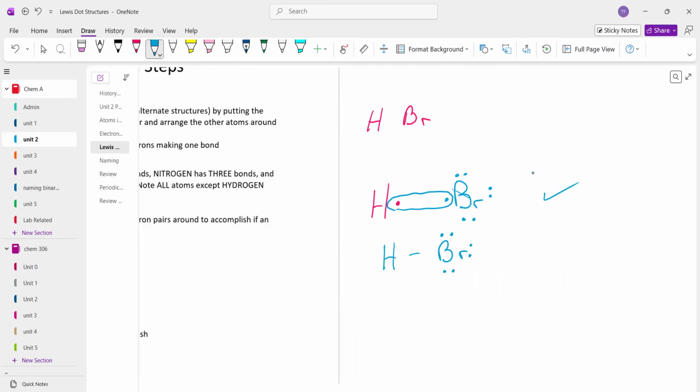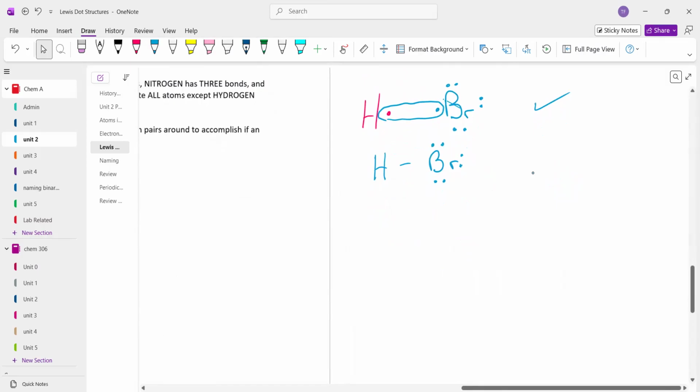Okay, so make sure you include, even though the pairs didn't bond, they have to be there. Okay, that's the first example. It's a Lewis dot structure, and it's legal. Okay, did that flow okay? Okay, we need some more examples, right? Yes, please.